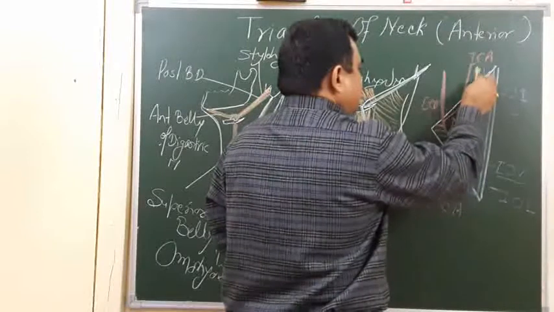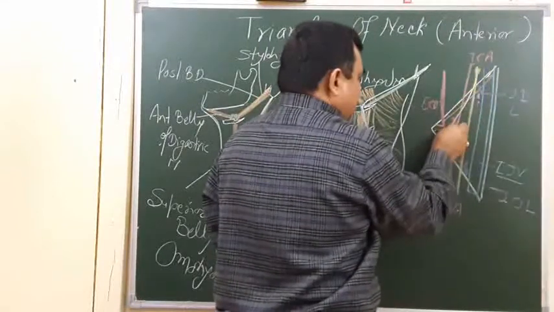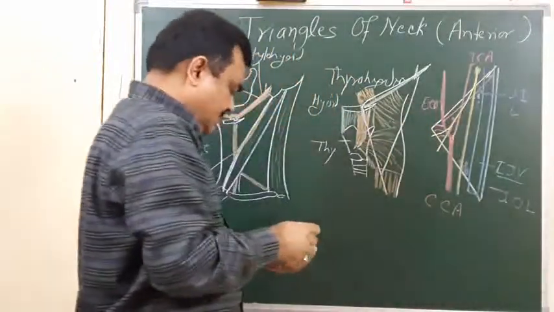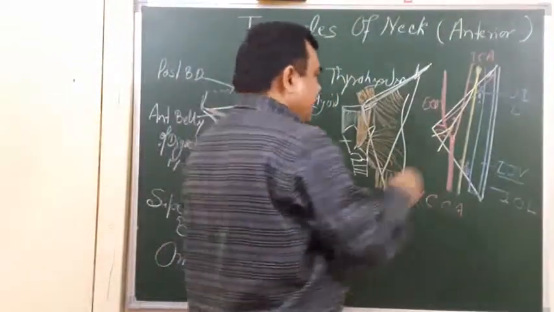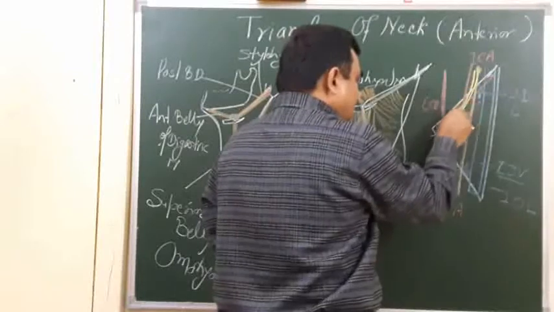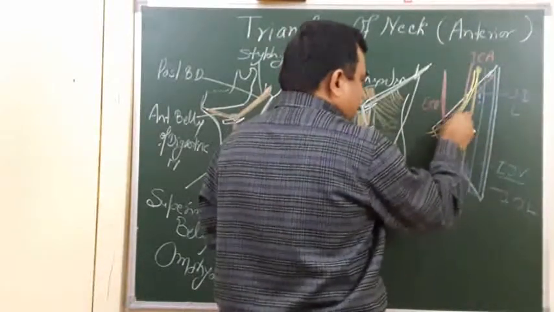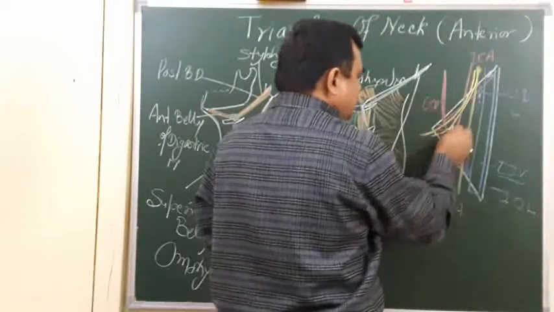It gives the superior laryngeal branch, which divides into the external and internal laryngeal nerves here. This is the vagus nerve. Here is the hypoglossal nerve. This is the hypoglossal nerve.